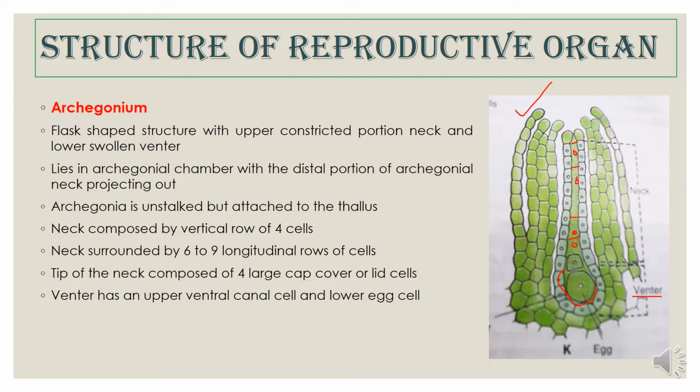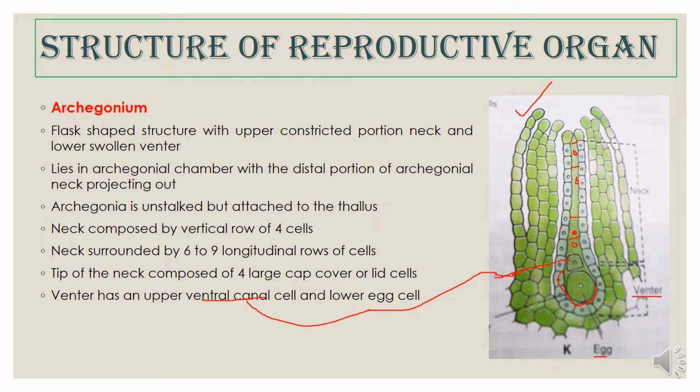The upper portion, the neck, has four cells, and the venter has one ventral canal cell, and under the ventral canal cell is the egg cell. This one is the egg cell, and this one here is the ventral canal cell.